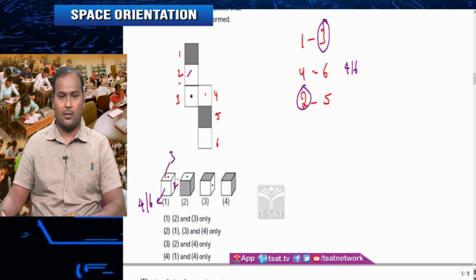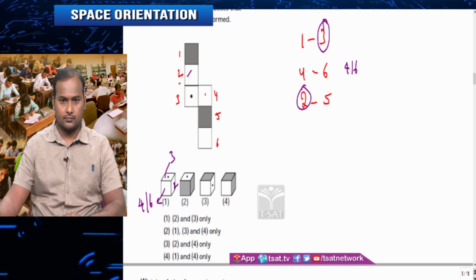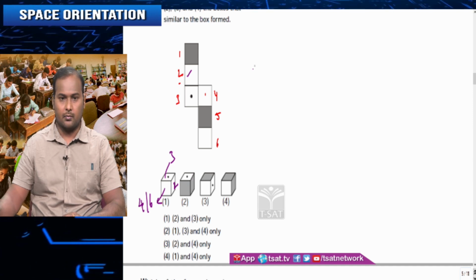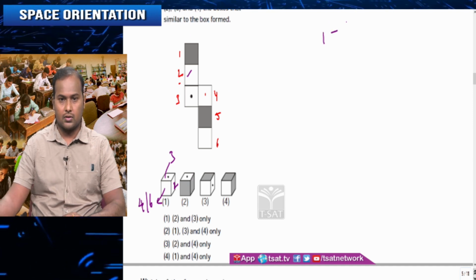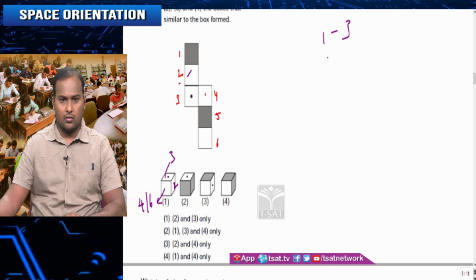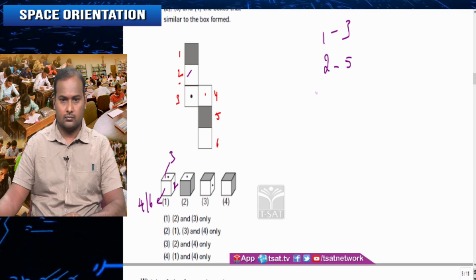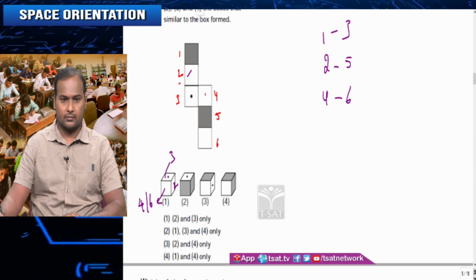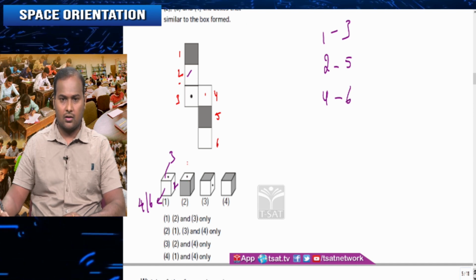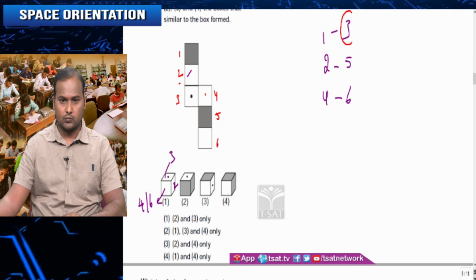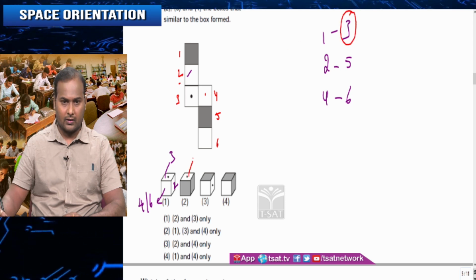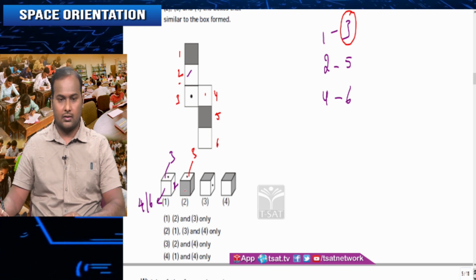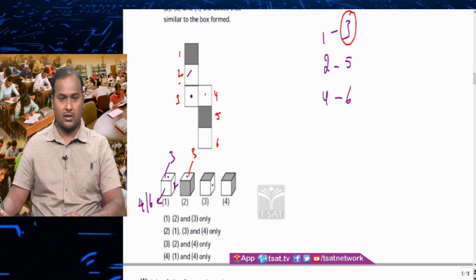Now let's check whether option 2 is correct or wrong. If you see option 2 here, there are 2 dark colors here. Same as before, I am going to write 1 opposite 3, 2 opposite 5, 4 opposite 6. Now let's see here. Dot. What is dot? Dot means 3. So this becomes 3. Now what about the other 2 sides? The other 2 sides in the second option are dark.